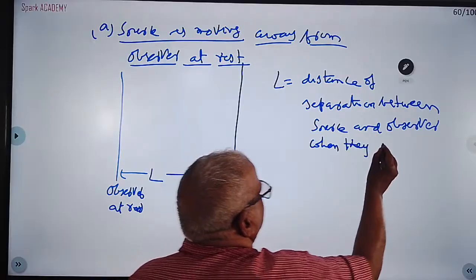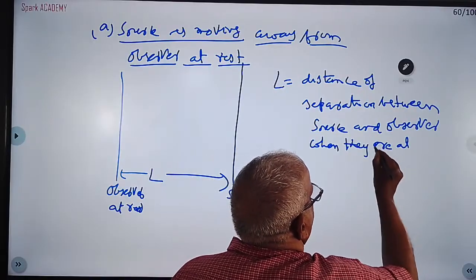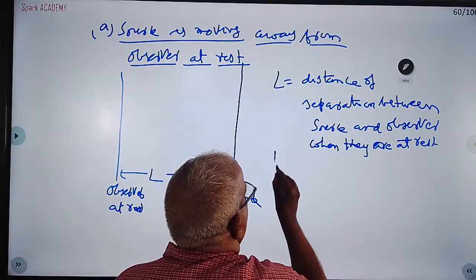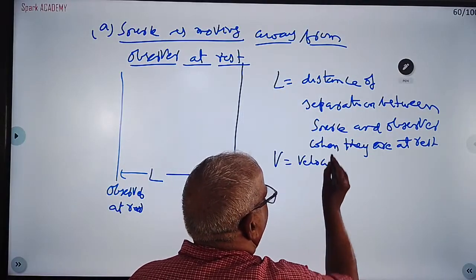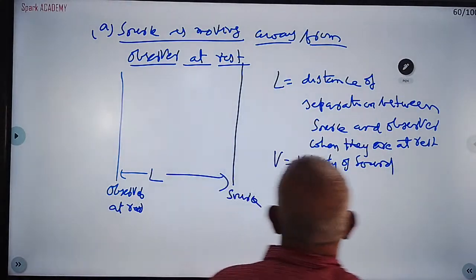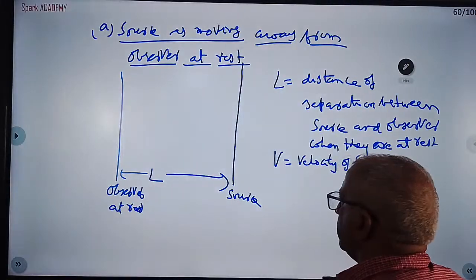Let V be the velocity of sound. Velocity of sound is very high. True frequency is given by V by lambda.